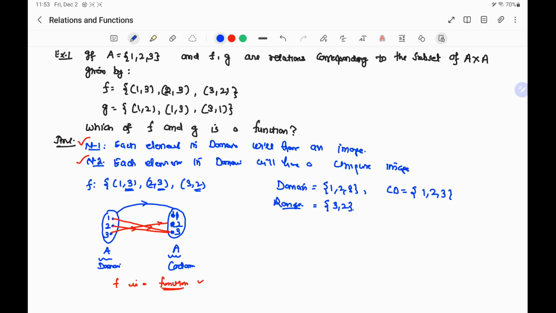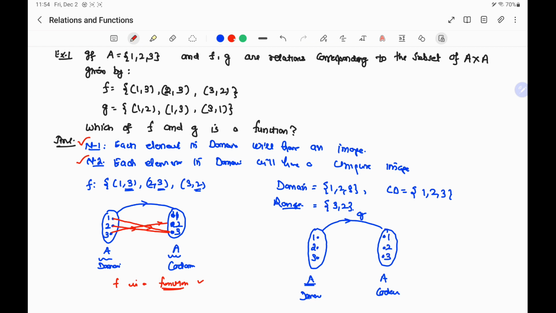Now we take the diagram for the second relation, which is g. Again, we have the domain, which is set A, and set A is also the codomain, and there is a relation from set A, that is domain, to codomain, and it is g. Here elements are 1, 2 and 3, and codomain is also having the elements 1, 2 and 3.